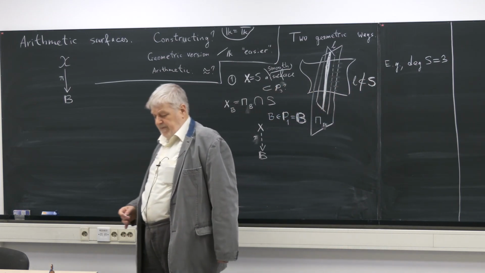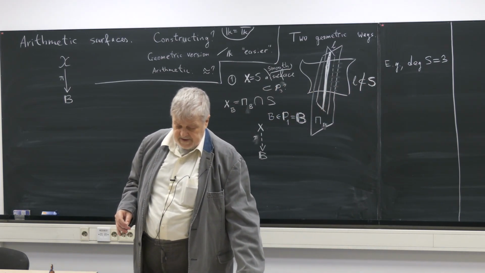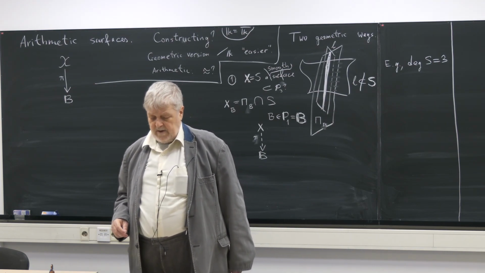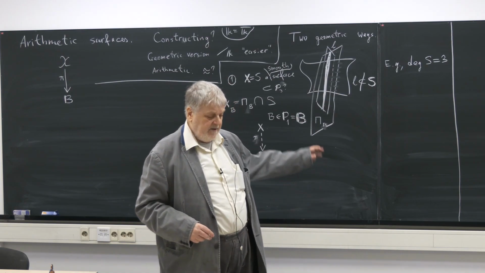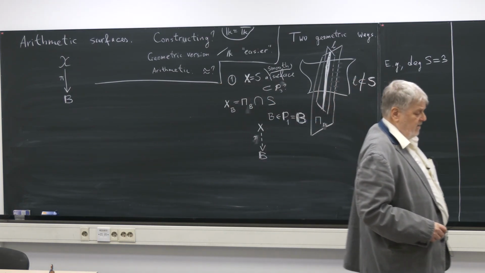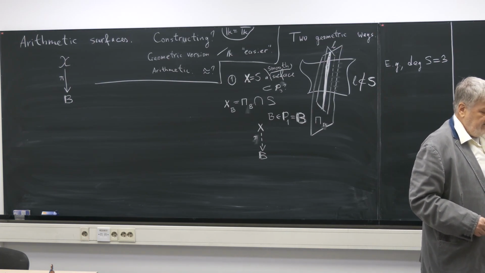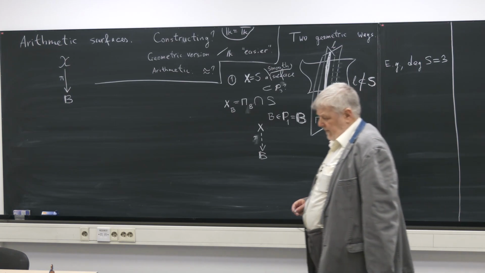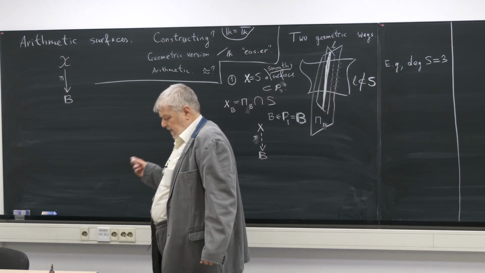So I was speaking about a very particular case. Of course, there are lots of versions, and the surfaces can be of larger degree, or they can lie in projective spaces of larger dimensions.